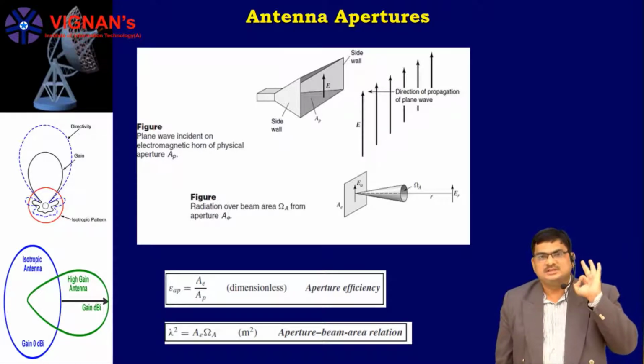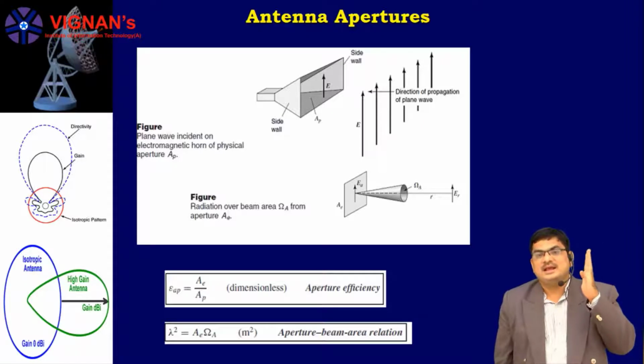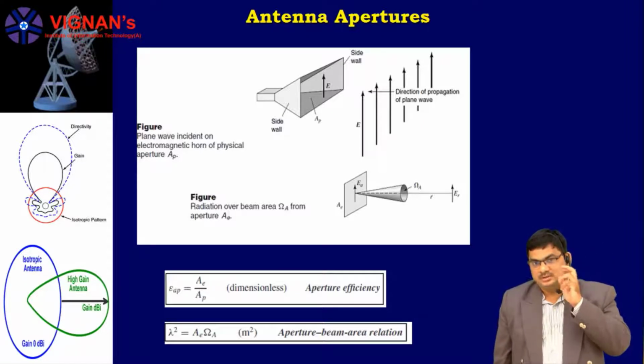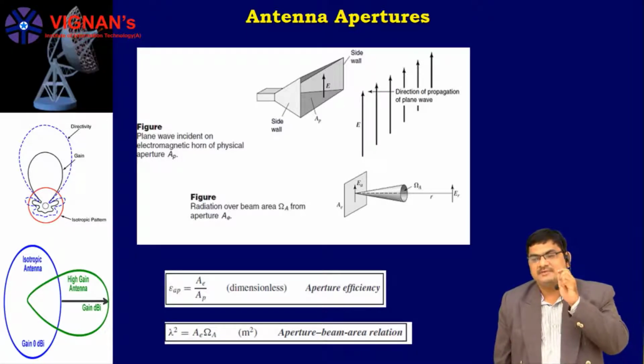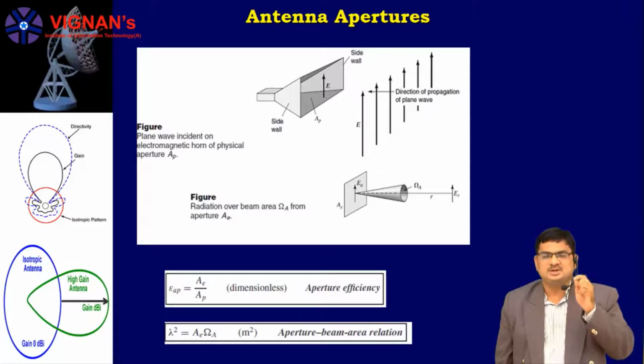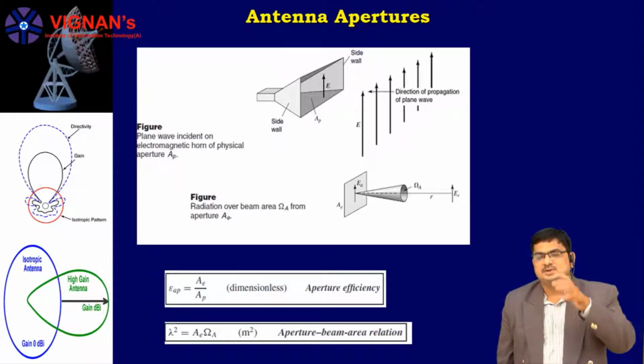So antenna aperture efficiency is defined as the effective aperture by the physical aperture. Effective means the area affected by radiation, and the physical aperture is the total area of your antenna.